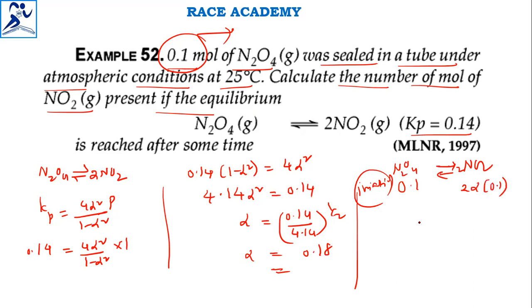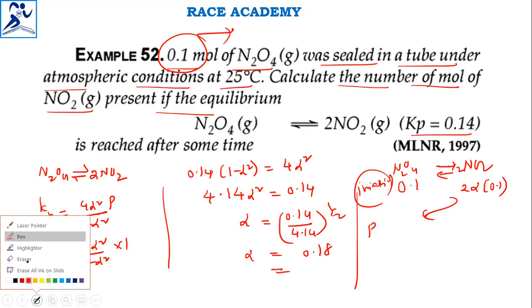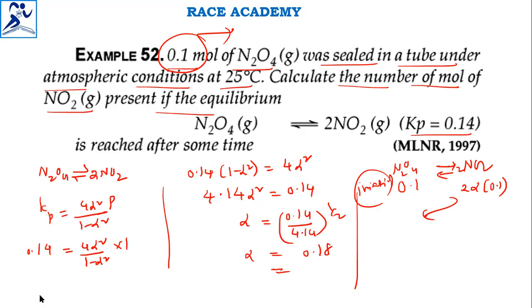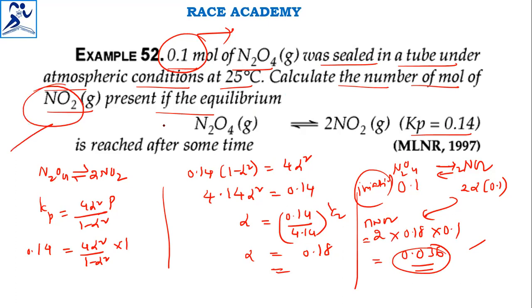So number of moles of NO2 is 2 alpha into 0.1. So number of moles of NO2 is equals to 2 into alpha value 0.18 into 0.1. That becomes equals to 0.036 as the number of moles of NO2, which is the aim of the problem.